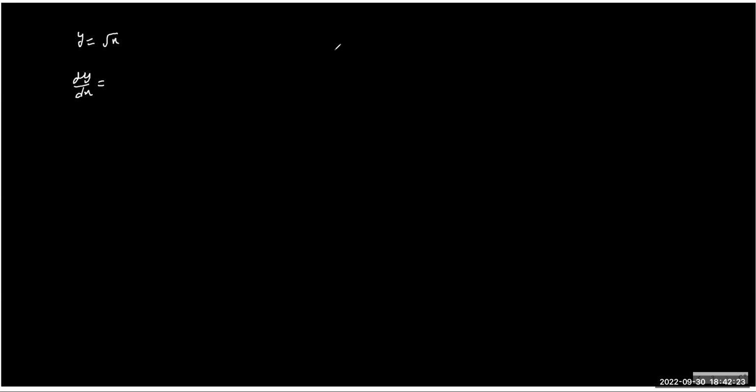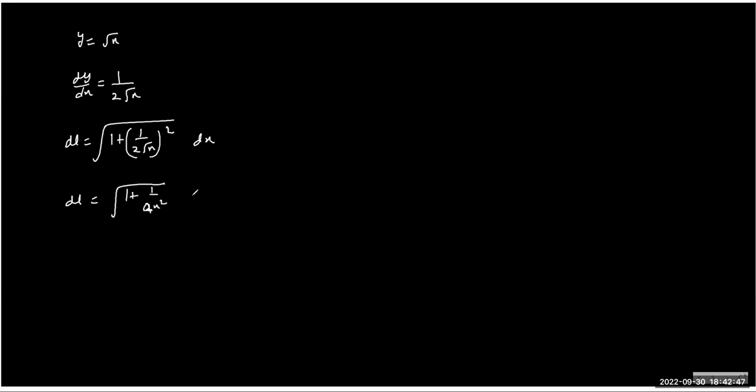One by 2 root x. Very good. So if this is 1 by 2 root x, we can get the dl: 1 plus 1 by 2 root x whole square, into dx. So dl turns out to be 1 plus 1 by 4x, so this we can rewrite as what?